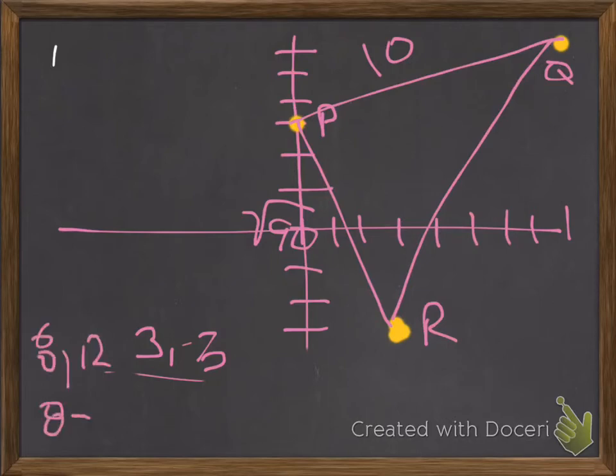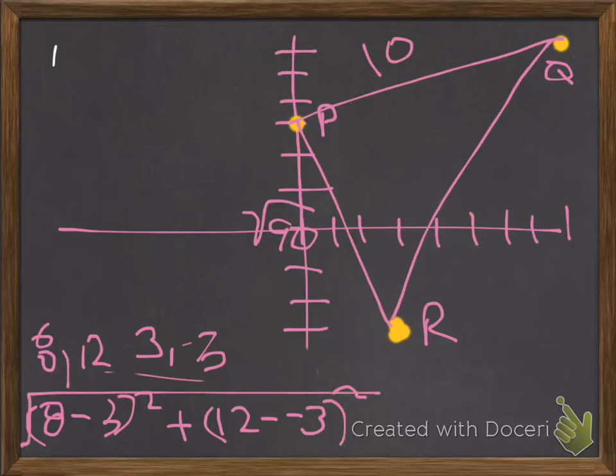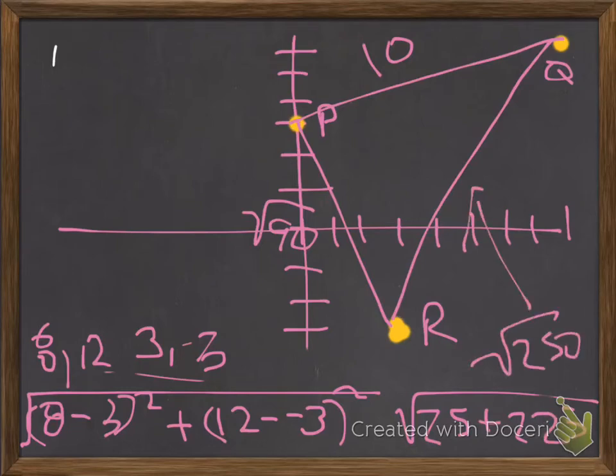So 8 minus 3 squared plus 12 minus -3 squared gives us 25 plus, not 275, 225, I believe, because 15 squared is 225. Sorry about that. So 225 plus 25 is going to give us 250. So the square root of 250 is for QR.